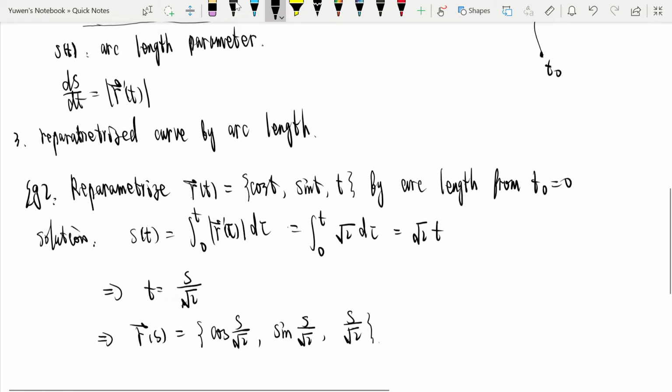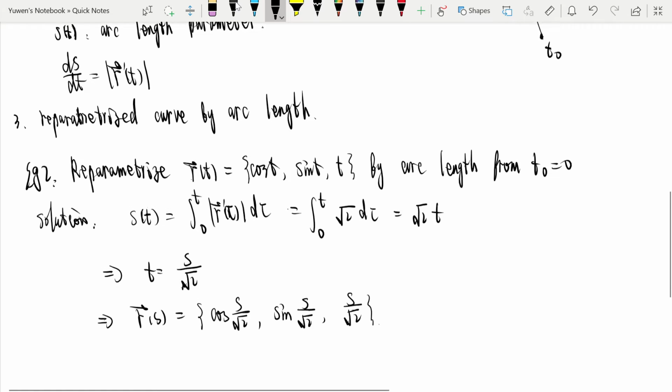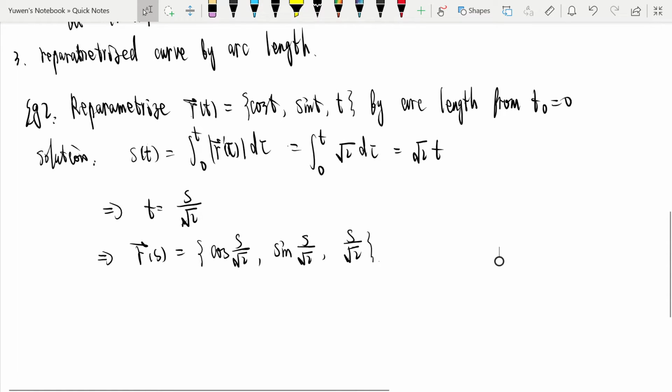Why do we use the arc length as a parameter for a curve? Because there's some advantage.